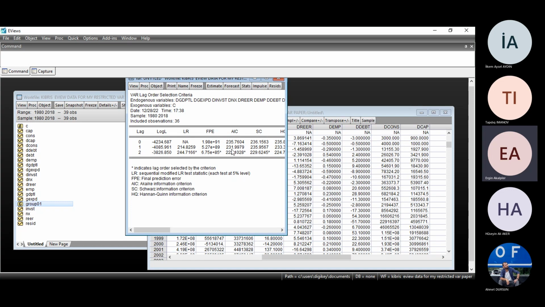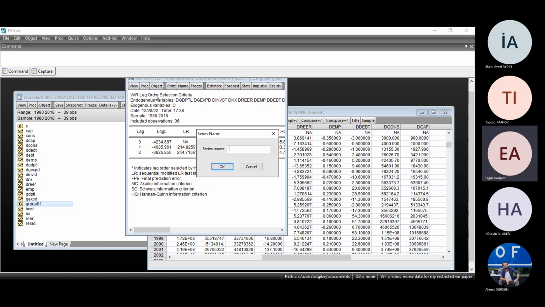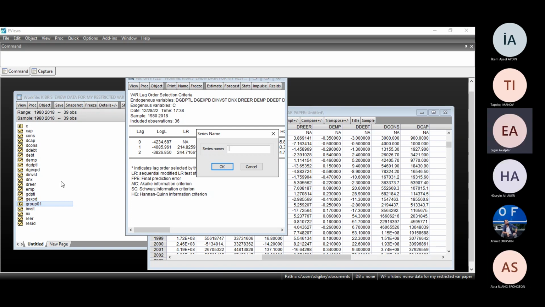It is enough to employ lag 2 in the model. Then we go to Quick again, Statistics, correlogram. Now we are going to use each parameter's stationarity to determine whether it is stationary or not in the given model. I will start with the GDP.